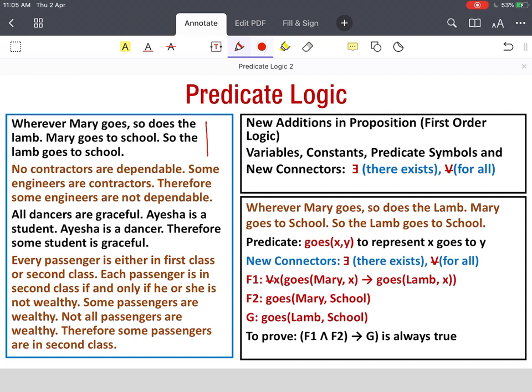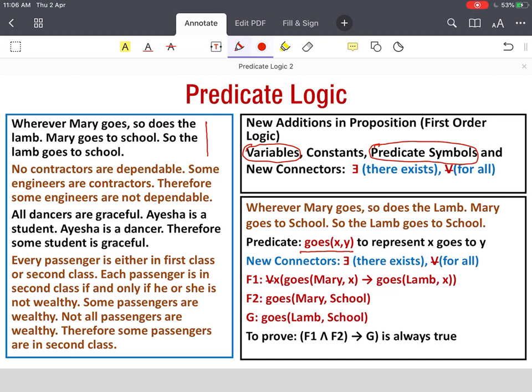Based on that, we said that as we move on from propositional logic, we introduce the concept of variables, and we introduce the concept of predicate symbols. For example, we did goes(x, y), which represented x goes to y.